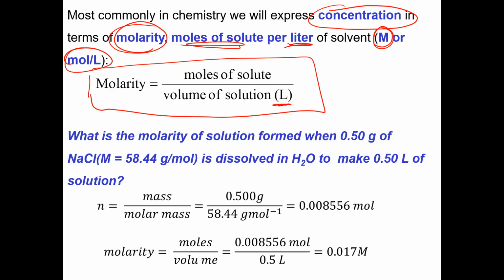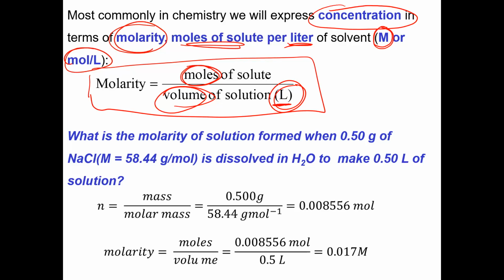So the first type of calculation that you should be familiar with doing is calculating the molarity of a solution. And the important thing is that we need to make sure that our amount of solute is expressed in moles, and if it isn't, we have to convert it into moles, and that the volume of our solution is expressed in liters, and again, if it's not, we need to convert it into liters before we put the numbers into our equation.